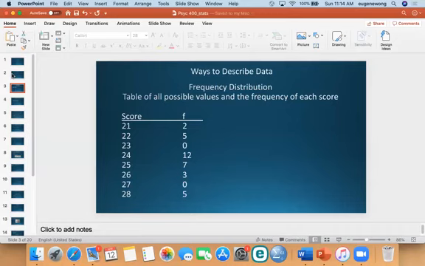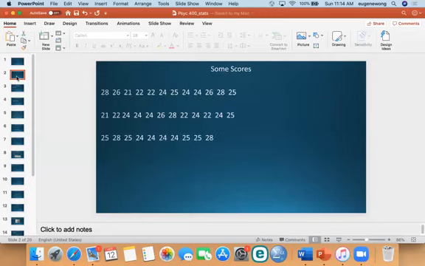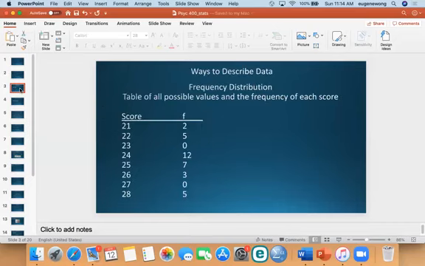So what this table has done for us is to take a set of data which isn't easy to figure out and put it into this table, and now all of a sudden everything makes sense, and you can very quickly figure out what the set of data looks like.